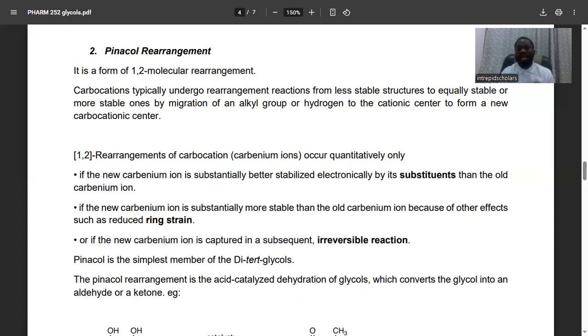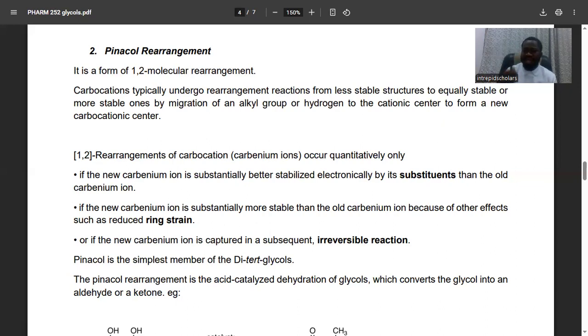Technically, we call it skeletal rearrangement.